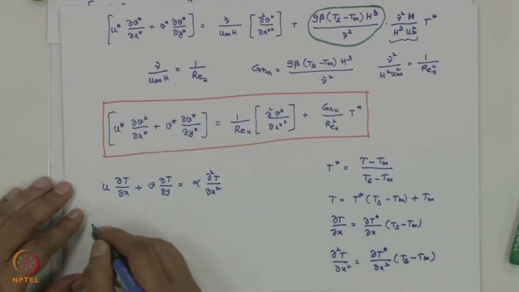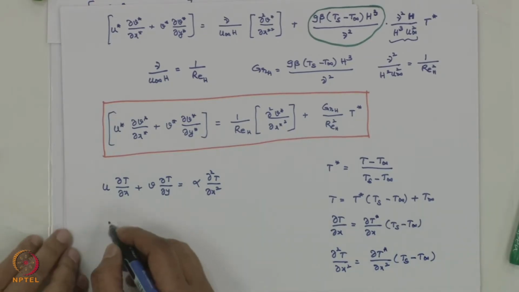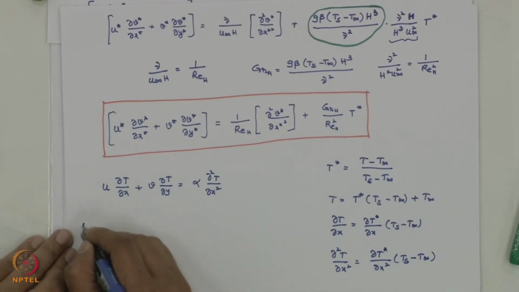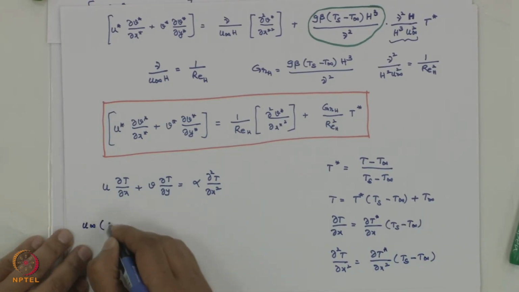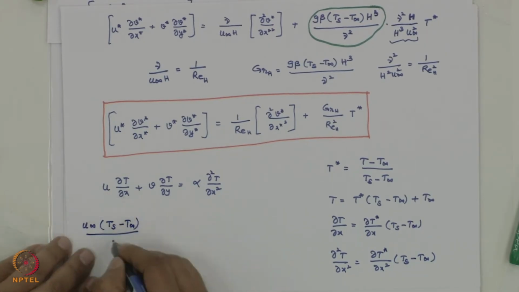So if you put this, before getting u star you get u infinity into Ts minus T infinity upon h, since x is h.